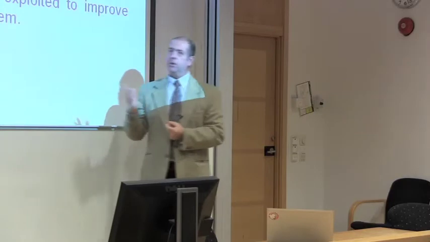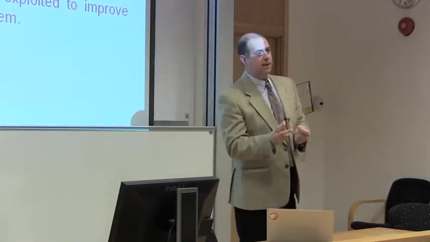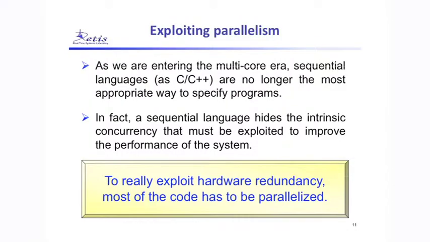Most of the time, the user knows exactly the specific features of the program, so the user is the only one who can say which part of the program can be parallelized. And so we need a language in order to specify that and try to exploit this information in order to optimize the allocation.